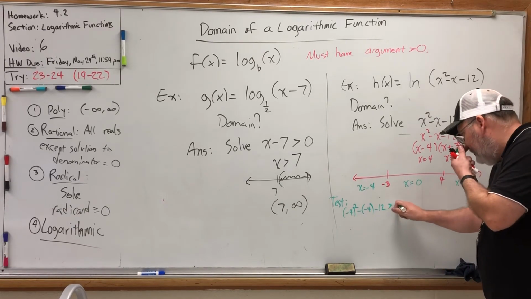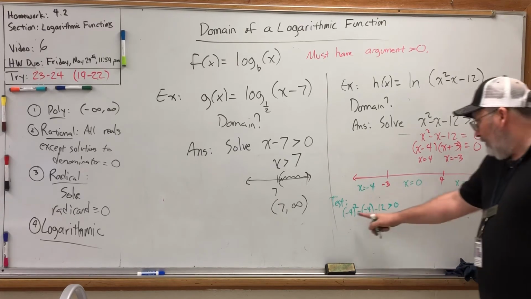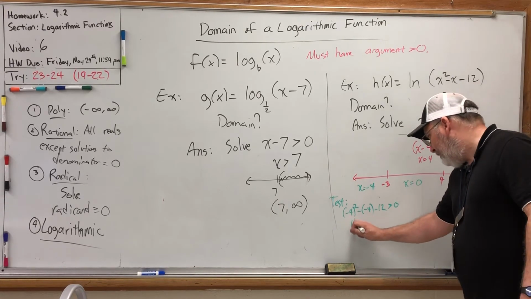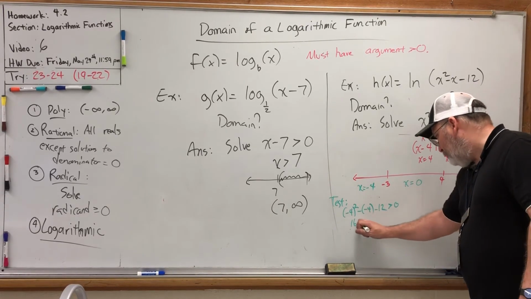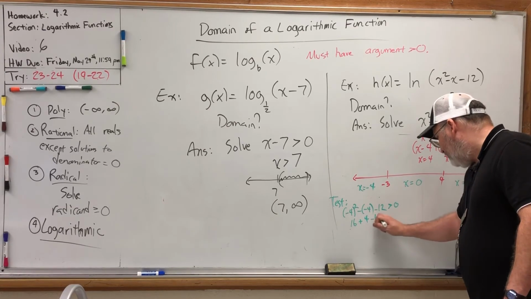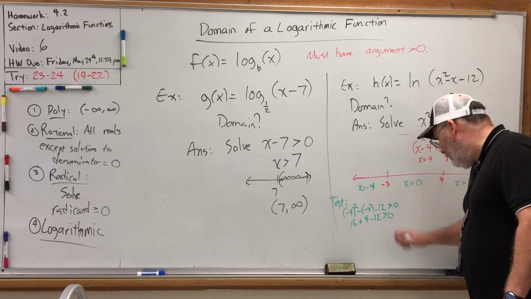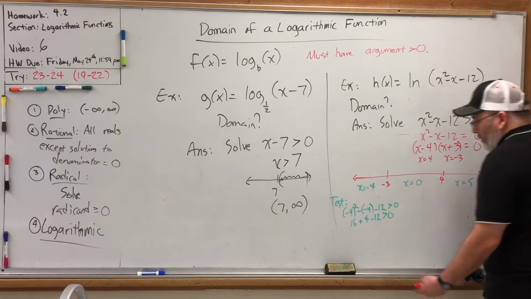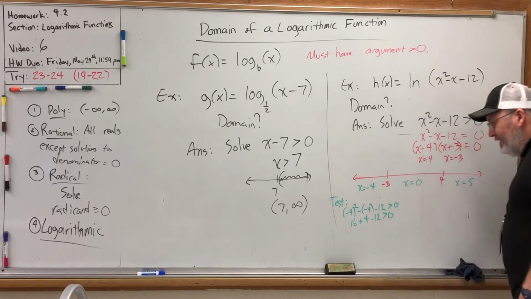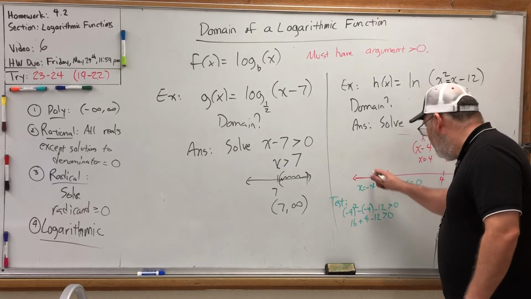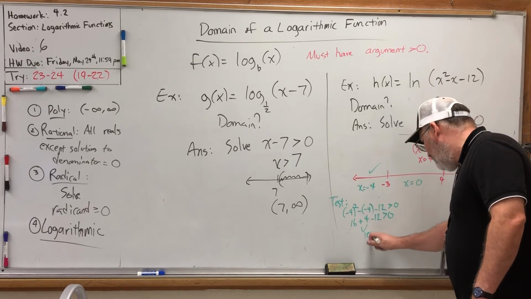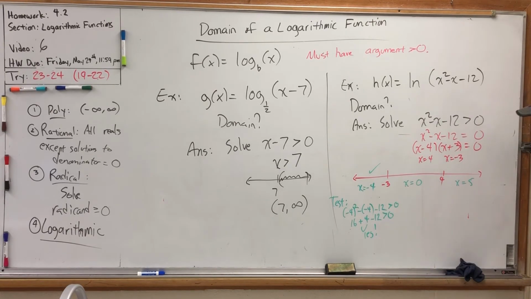Is that greater than 0? Negative 4 squared is 16. Minus negative 4 is plus 4. Minus 12 is greater than 0. Yes, it is. 20 minus 12 is 8. That's true. So we want that interval.